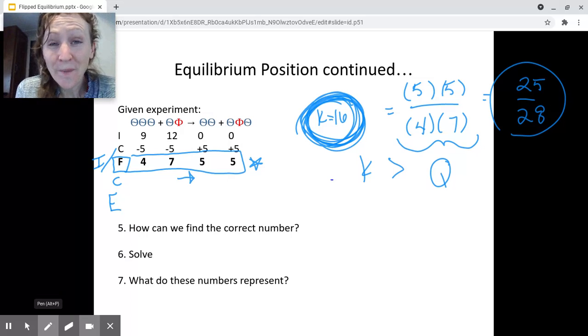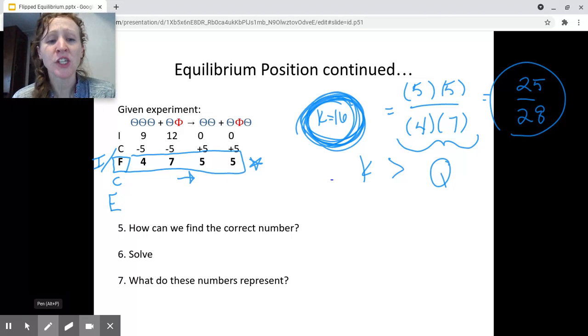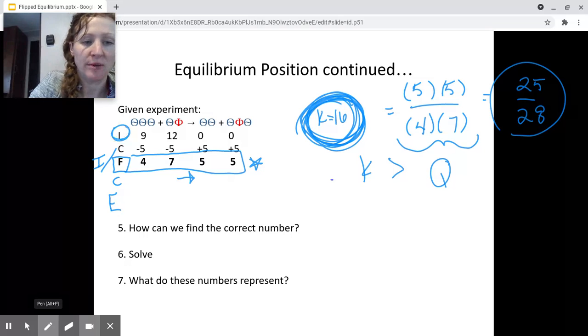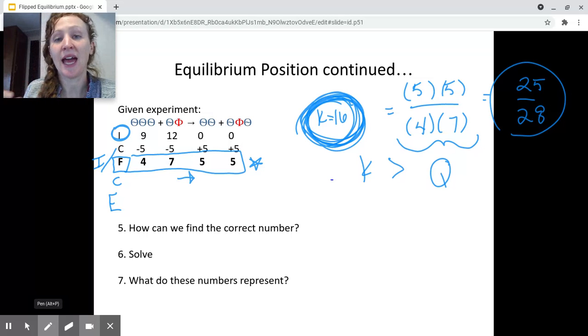Well, we don't know, right? We actually don't know what this change is going to be. So we can start from here and move forward, or we can go back to our initial amount and move forward. It doesn't really matter where we start. What matters is that in the end, our ratio is equal to 16.